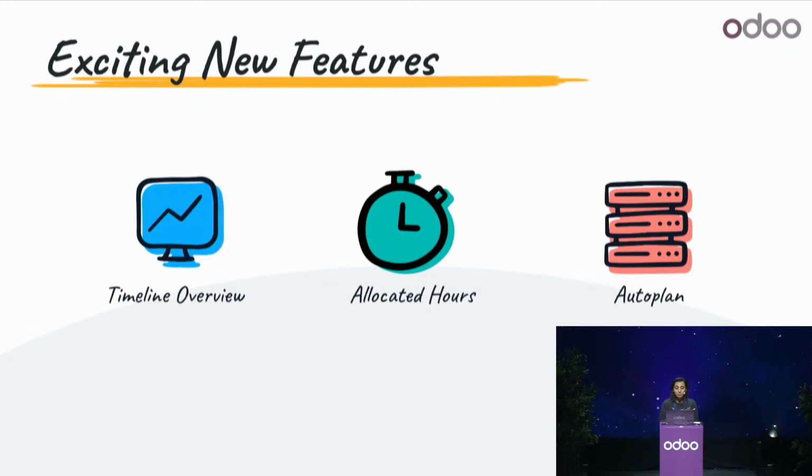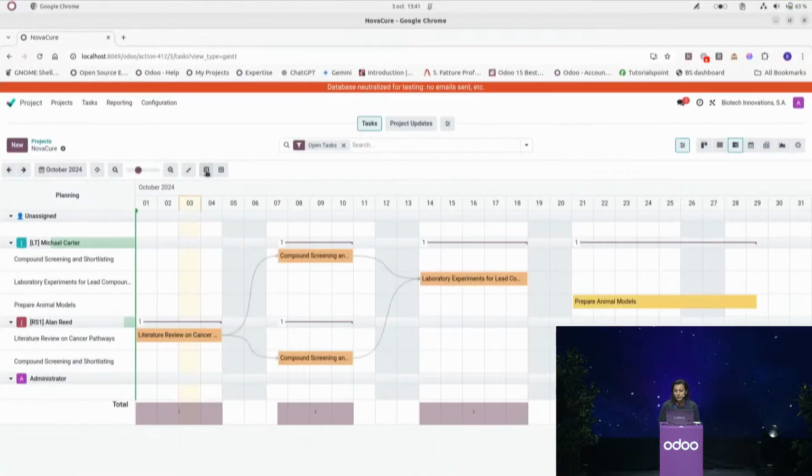There are timeline overview, allocated hours, and autoplan. But since I don't like to talk too much and I like to be very practical, let's explore these features directly inside our database. So let's jump right back into our project and let's see what timeline overview stands for.